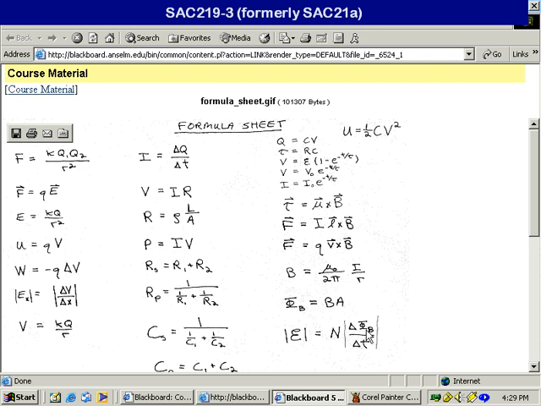And then the flux here, this expression represents the time rate of change of the magnetic flux, where the flux itself, conceptually speaking, is just the number of magnetic field lines passing through the loop or coil. And in that expression, the flux is expressed as the product of B times A, where B is the magnetic field. We've talked about the idea that in a magnetic field diagram, the closer together the lines are, the stronger the magnetic field.